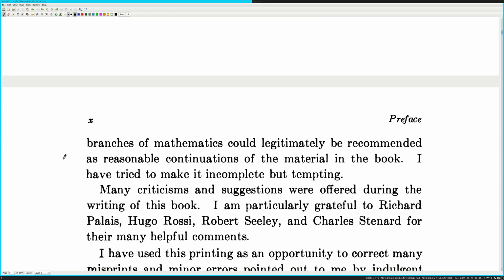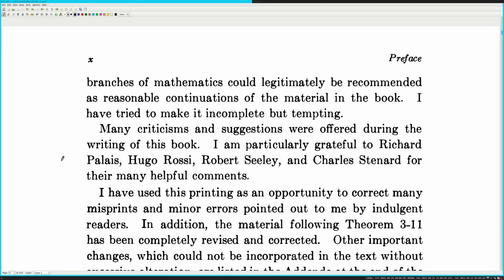Okay. Many criticisms and suggestions were offered during the writing of this book. I'm particularly grateful to Richard Palais, Hugo Rossi, I thought that was a fashion designer, Robert Seeley, and Charles Stannard for their helpful comments. I've used this printing as an opportunity to correct many misprints and minor errors pointed out to me by indulgent readers.